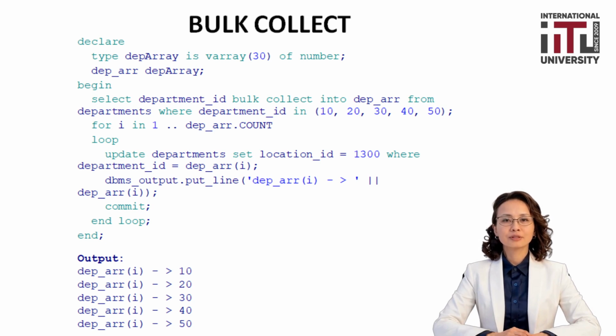Next, we loop through the array and update the location for each department to 1300. We also print each department ID using DBMS_OUTPUT.PUT_LINE. Finally, we commit the changes. The output shows all the department IDs that were updated. Using BULK COLLECT allows us to fetch multiple rows at once, improving performance compared to fetching rows one by one in a loop.